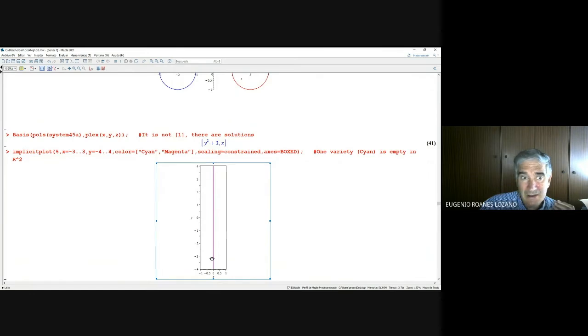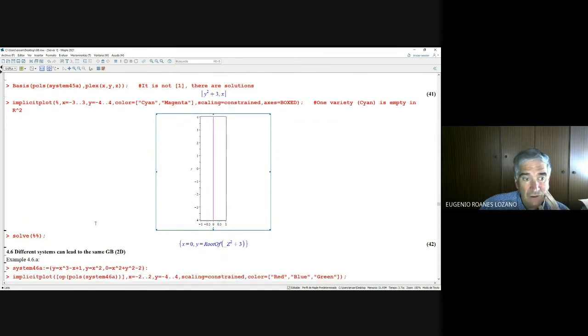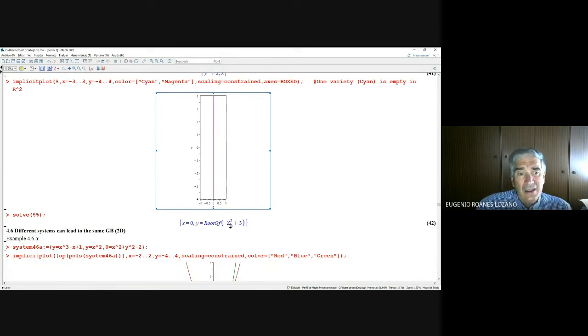So what is happening is that the other component, the one that should have been plotted in cyan color, is empty. If we solve it, we can see that x equal to 0 is what has been plotted in pink, but there's here another locus that is imaginary.